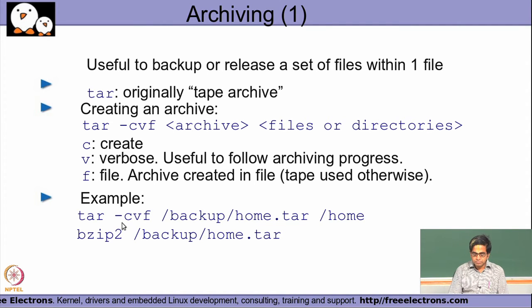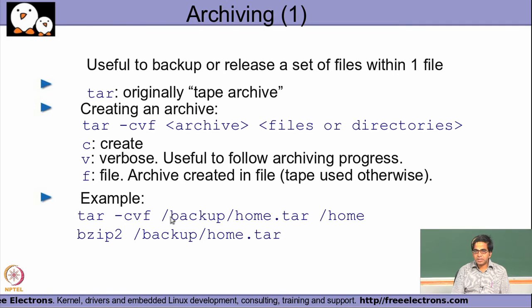So, in this example, we say tar -cvf, specify the archive file name that we want to have finally, and then specify the directory that we want to archive. /home is the directory that we want to archive. So, all the contents recursively under /home we want the tar command to archive and finally place under this file home.tar in the /backup location.